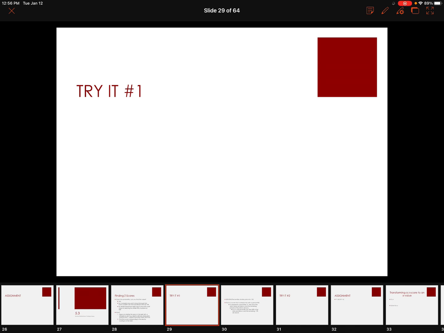So let's work through the example on page 257. Number 1 says find the z-score that corresponds to the cumulative area of 0.3632. And then number 2 wants us to find the z-score that has 10.75% of its area to the right.